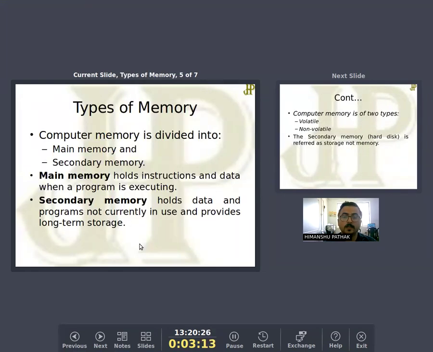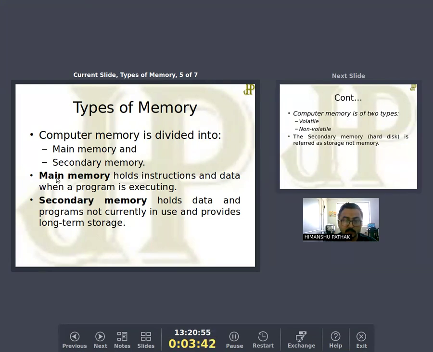Now, we can categorize computer memory into two parts. That is main memory, and the second one is secondary memory. As the name suggests, main memory is the area where the data and instructions are kept which are going to be executed or which are in execution.